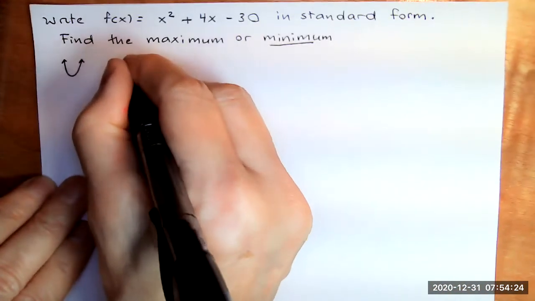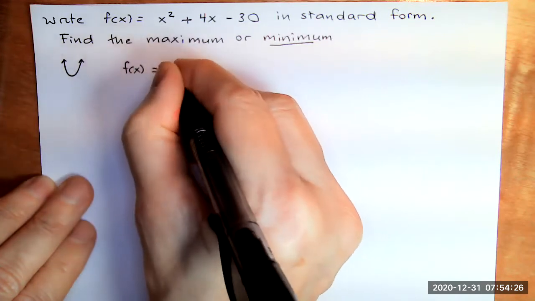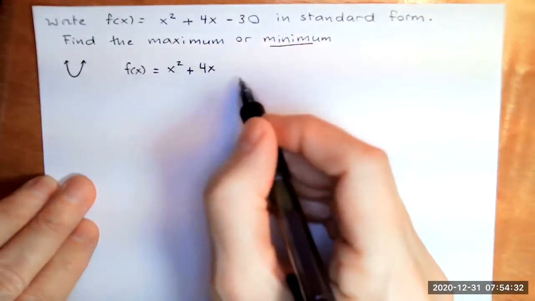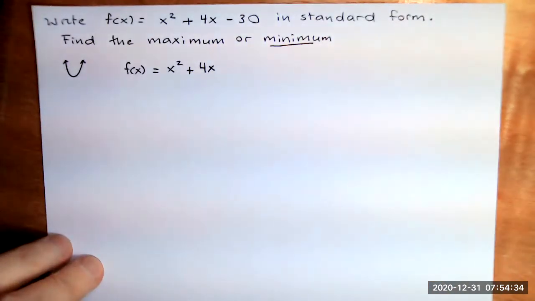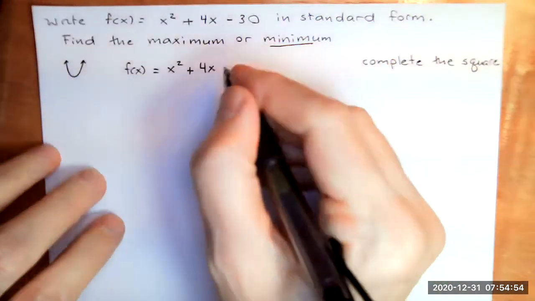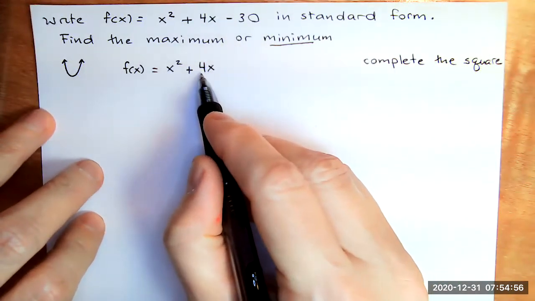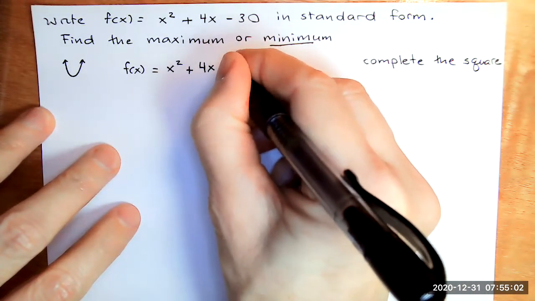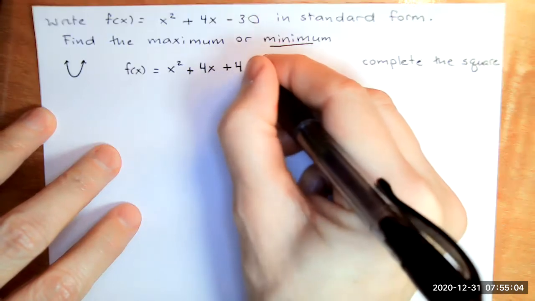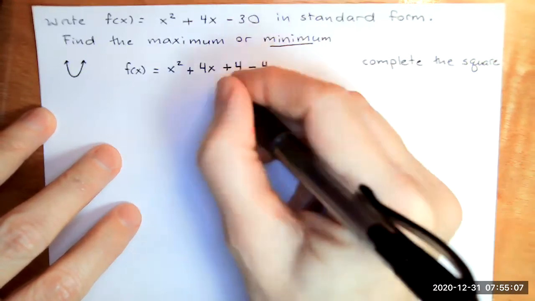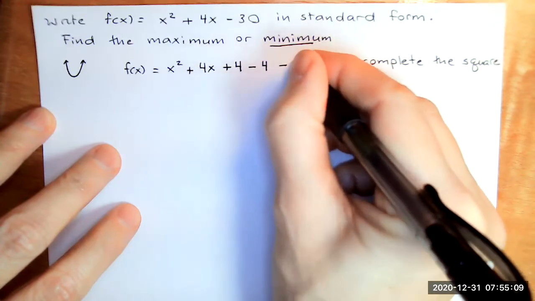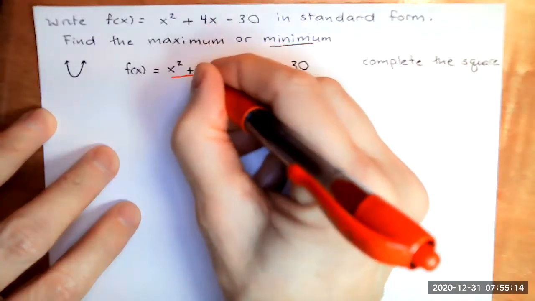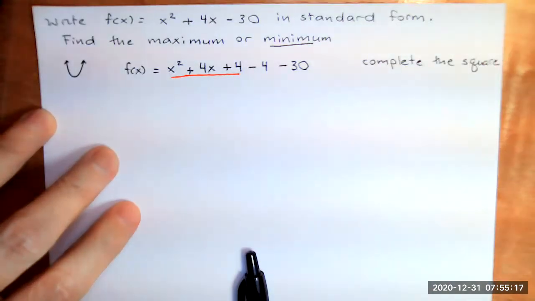All right, so we take the first two terms and complete the square. So we take half of the middle coefficient, which is 2, and square it, and then add it and subtract it so that it's unchanged. And then this part is a perfect square trinomial.